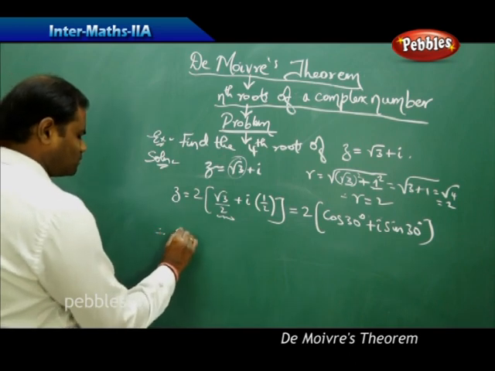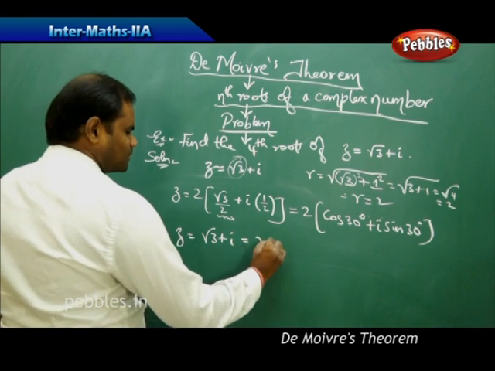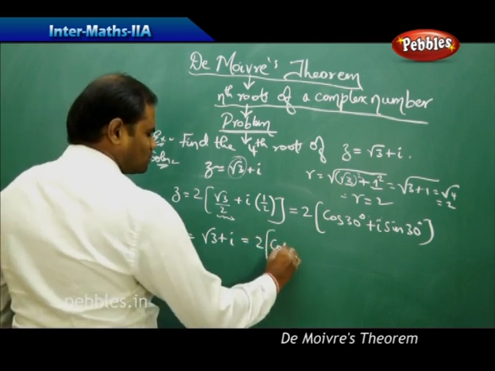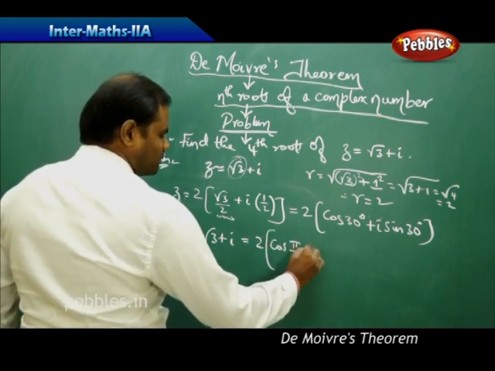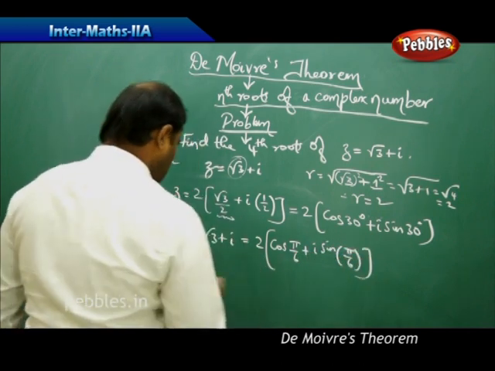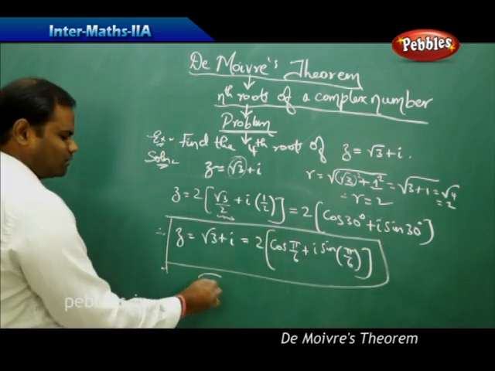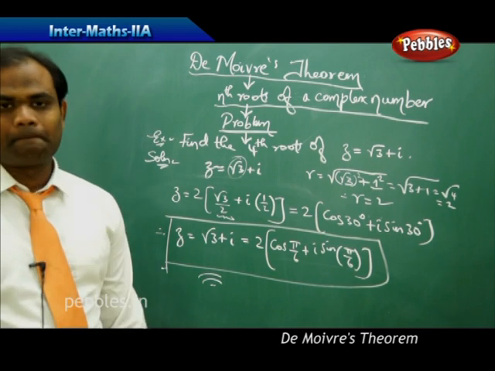Therefore, z is root 3 plus i, which can be written as 2 cos pi by 6 plus i sin pi by 6, the mod amplitude form of the given complex number.